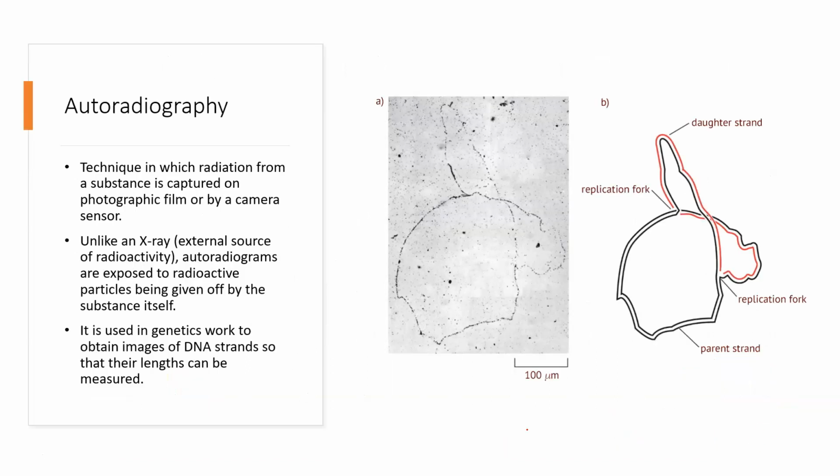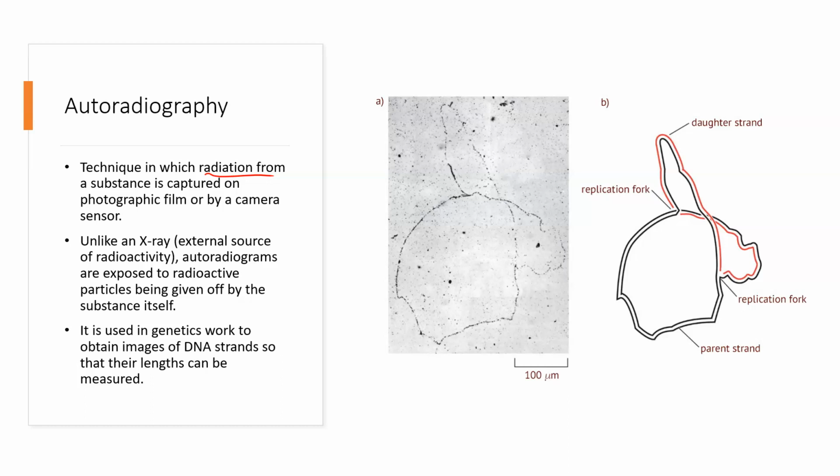Last thing we've got to talk about is autoradiography, which is looking at a particular chromosome through radiographic imagery. In this technique, they use radiation from a substance that is typically an isotope, and they capture it by photographic film or some kind of camera sensor.